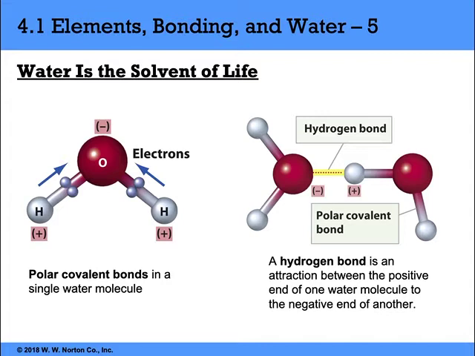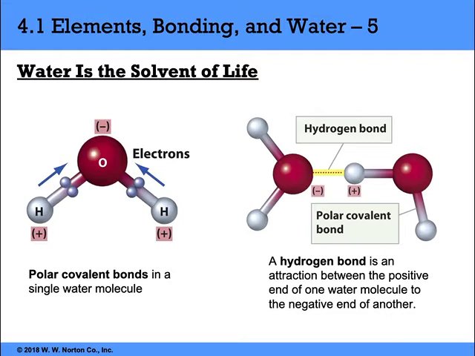And so what happens is they stick to each other a little bit, okay, and that causes water to stick to itself, and that accounts for properties like surface tension and the fact that water expands upon freezing, okay? And it also accounts for water's high boiling point and high heat of vaporization and heat of fusion.